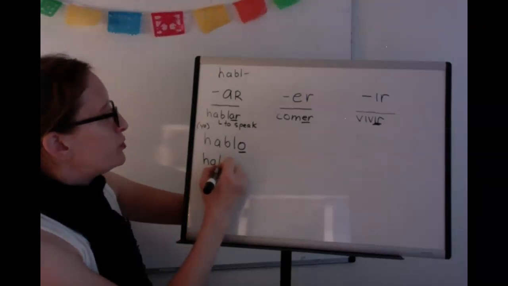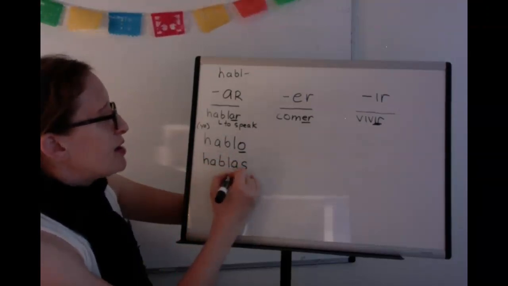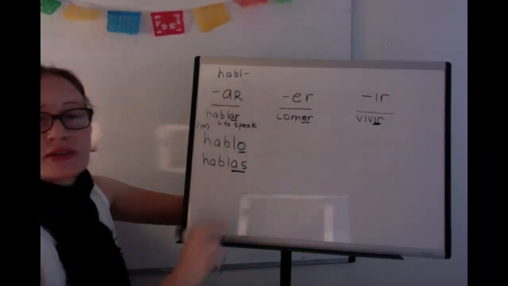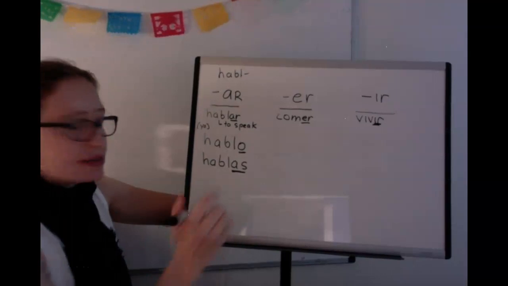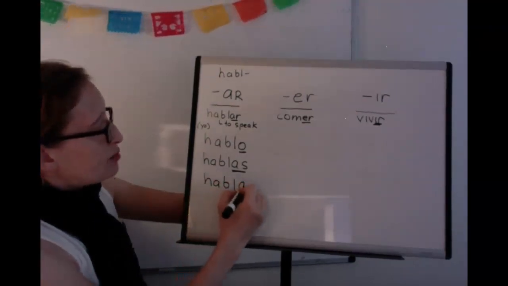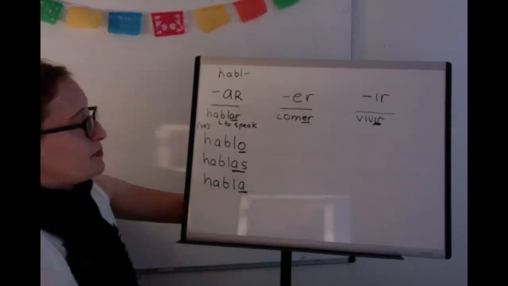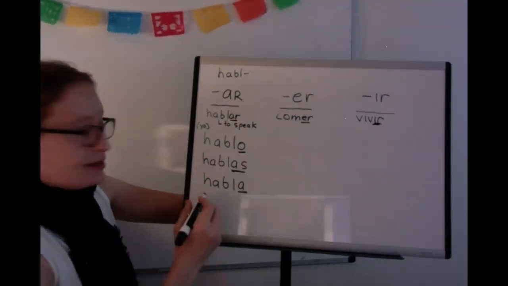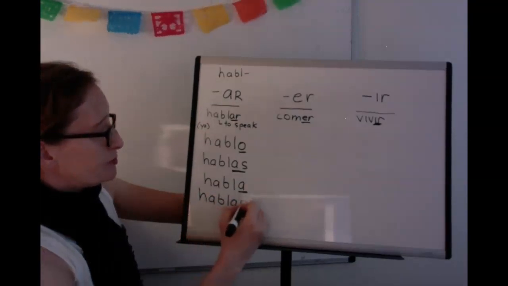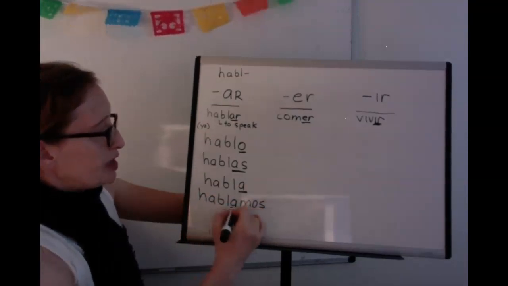Let's look at the tú form. Hablas. Now I'm adding on an AS. I'm taking this and adding on an AS. You speak. Tú hablas. Now we have él, ella, usted. Habla. Now I'm adding an A. Let's look at the nosotros. Hablamos.